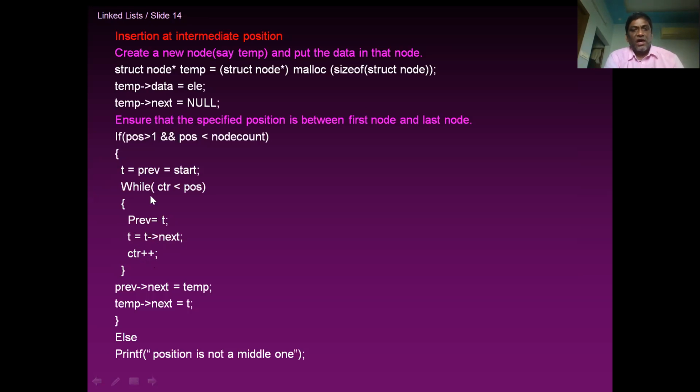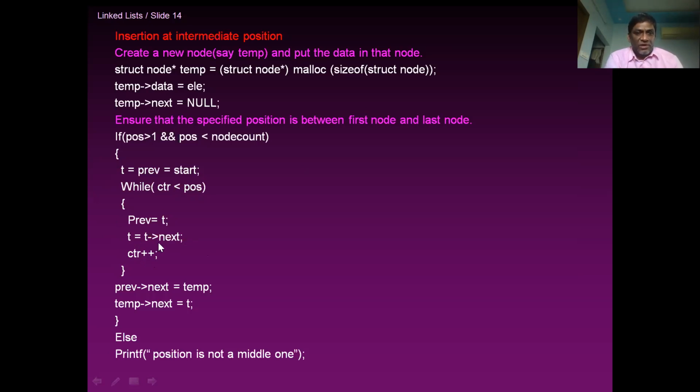This loop will be repeated until ctr equals pos. When ctr equals pos, t will be at the node position where we want to insert, and previous will be before it.